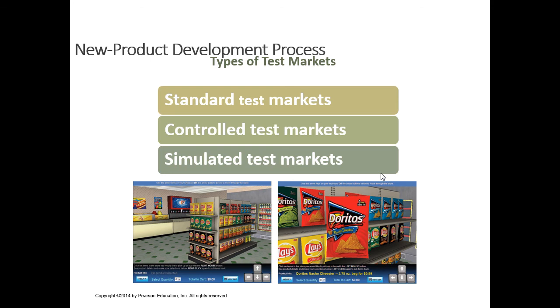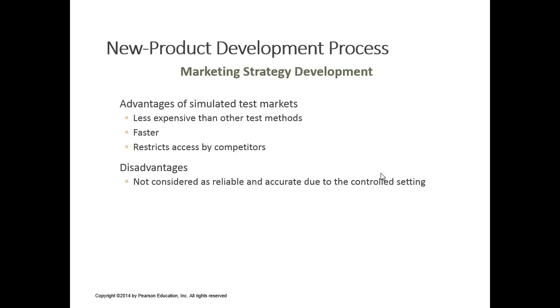So let me talk a few minutes about some of the general pros and cons here, advantages. When we think about these types of tests, simulated test markets, as an example, it's going to be less expensive. You don't have a whole lot of costs going into marketing. It's a simulation. Less expensive.